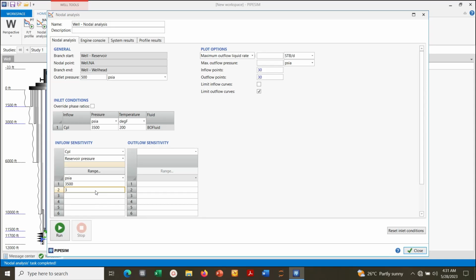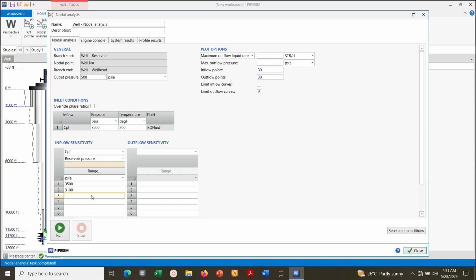3,000 psi, and water cut increases to 50 or 45%. So with the present reservoir pressure of 3,500 psi, the well will not flow when the water cut increases above that.